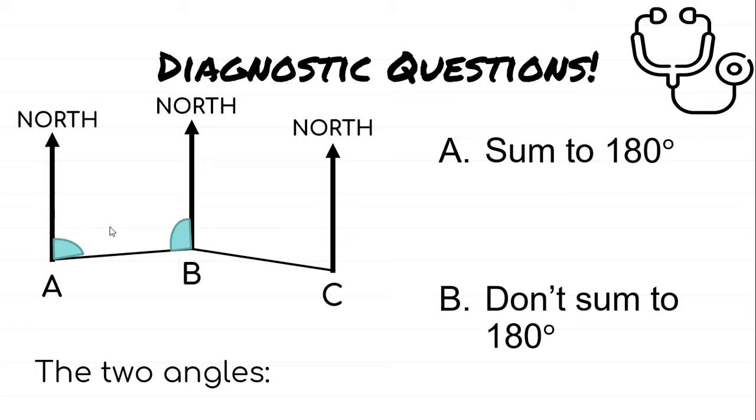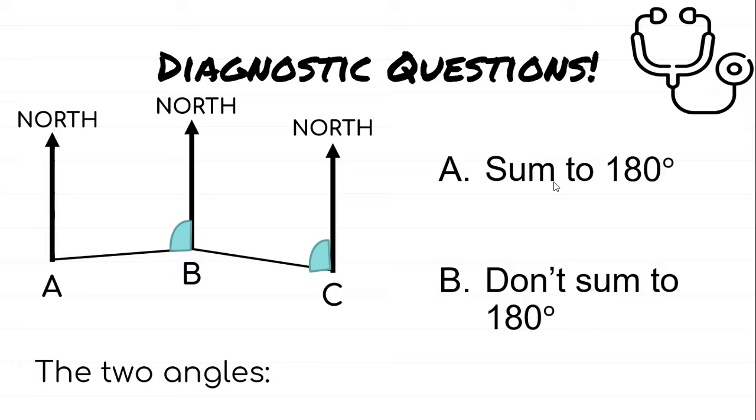Do these two angles sum to 180 or do they not sum to 180? Well, they're co-interior angles, as we've just said. So they do sum to 180 degrees because these lines are parallel. Okay, so because this line and this line are parallel, they do sum to 180.